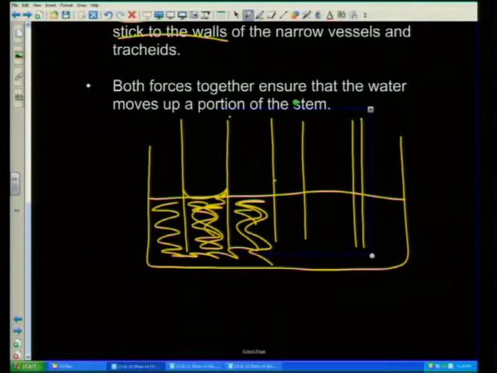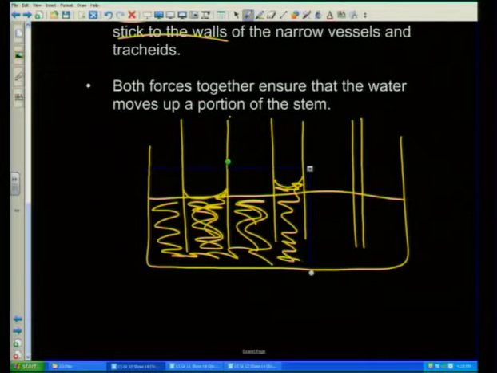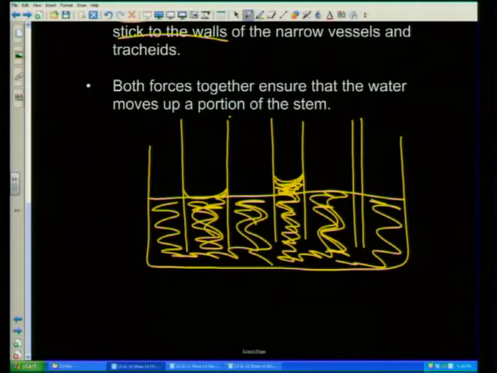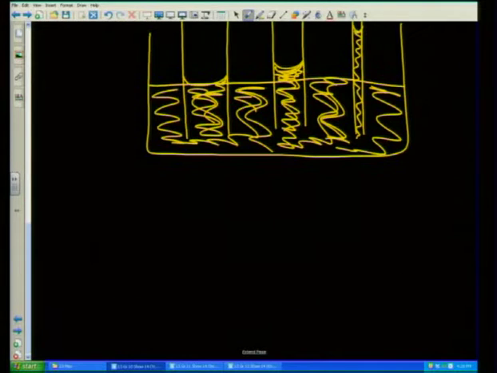And here, it'll go slightly higher. And here, let's make this a little bit more pronounced. And here, because this is so narrow, we're going to have the liquid go all the way up to there. Why? Because there are two forces.